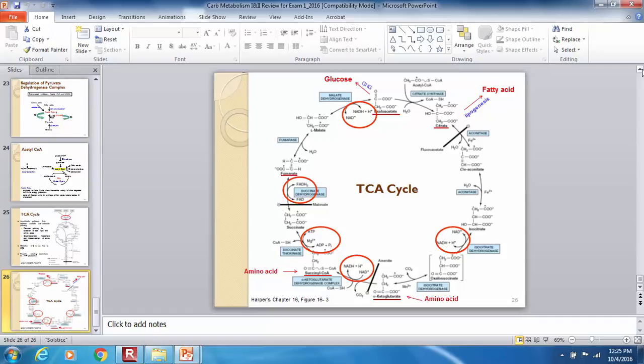Okay, sure, yes. For gluconeogenesis, I guess it would be better to go to that slide. If the precursors are lactate or pyruvate, then it will involve four reactions, 2 in the mitochondria and 2 in the cytosol, right?